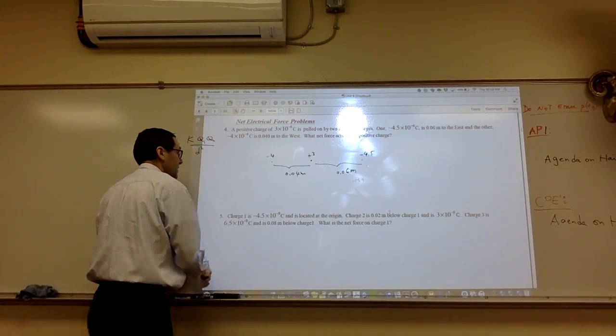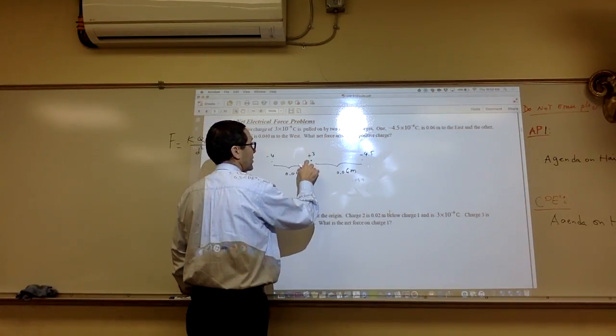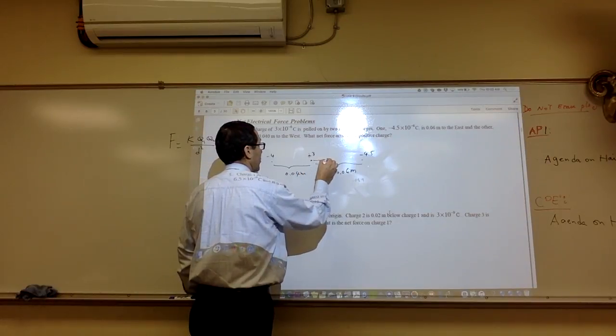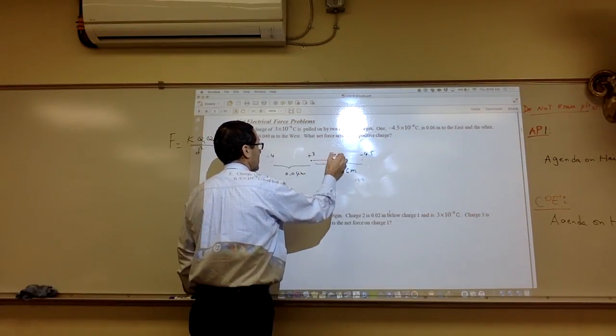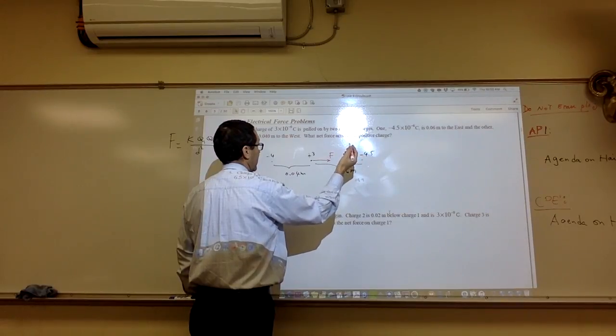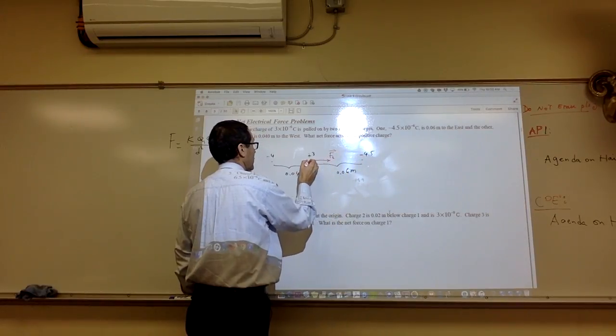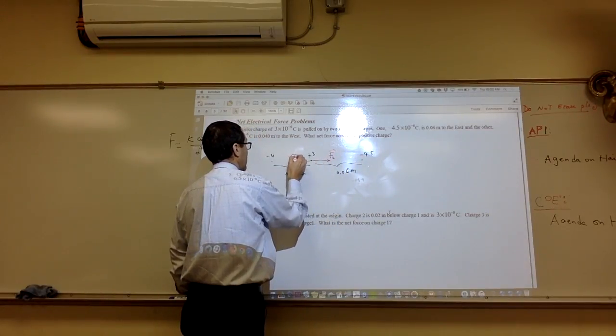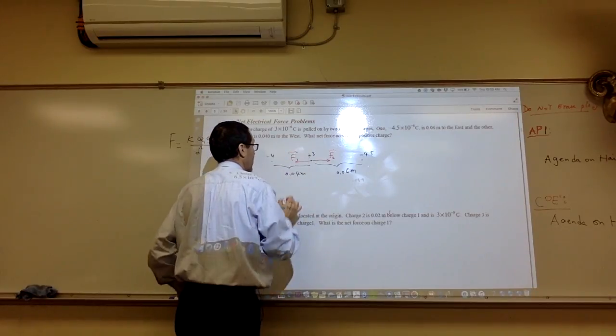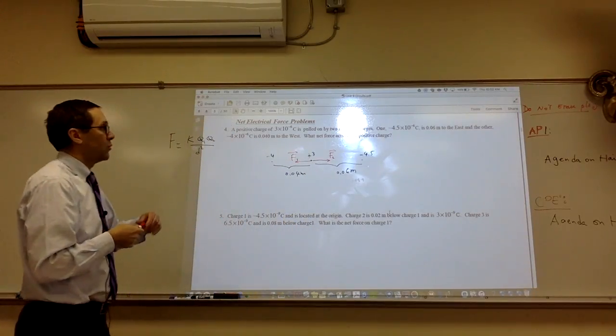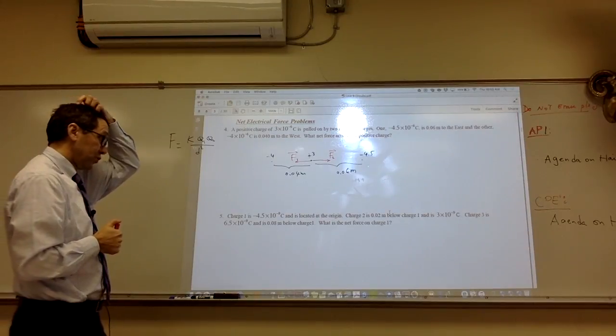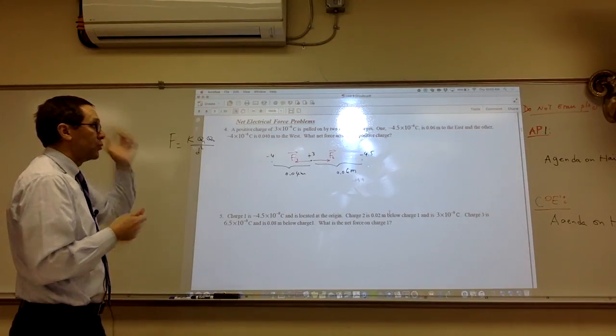So we're concentrating on just what's happening to the positive 3. It's being pulled by this 4.5, which I can call F2. It's also being pulled by this -4, which I'll call F1. So the final answer will be the difference of those two, and the one that's bigger in magnitude will win.